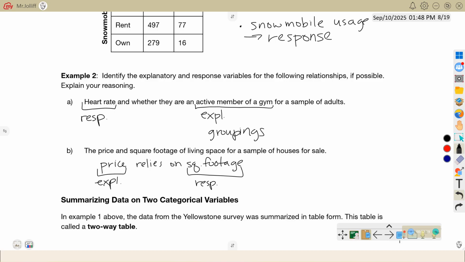Did you say something different? What did your table say, Jennifer? The explanatory? So Jennifer's group said square footage was explanatory and price was the response.